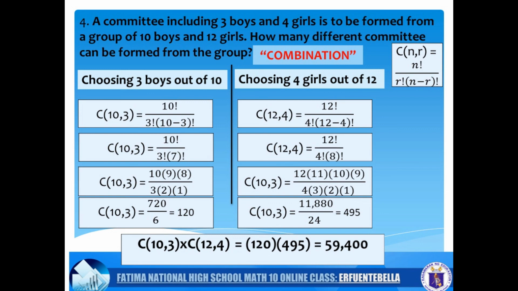Then the product of this is 59,400. So there are 59,400 ways to create a committee of 7 people with 3 boys and 4 girls out of 10 boys and 12 girls.